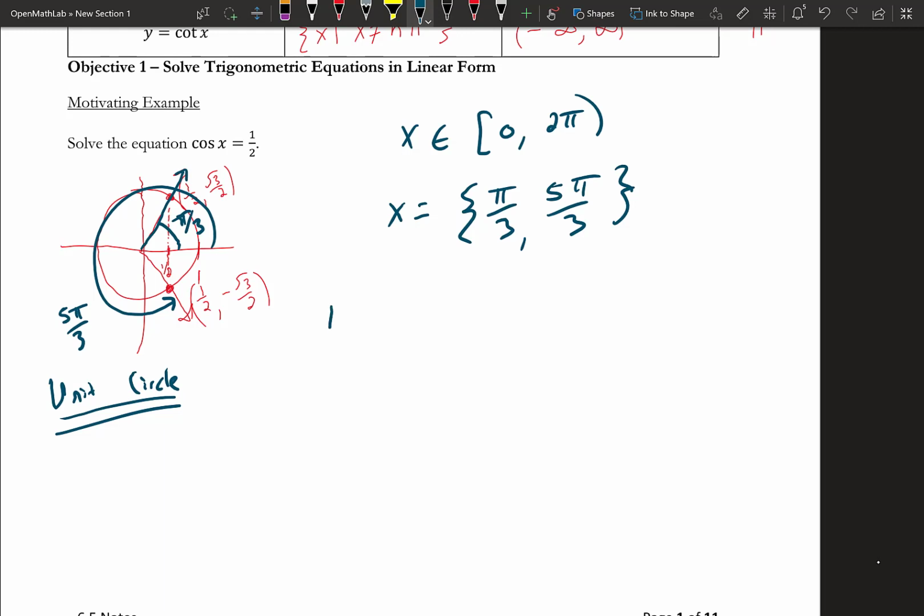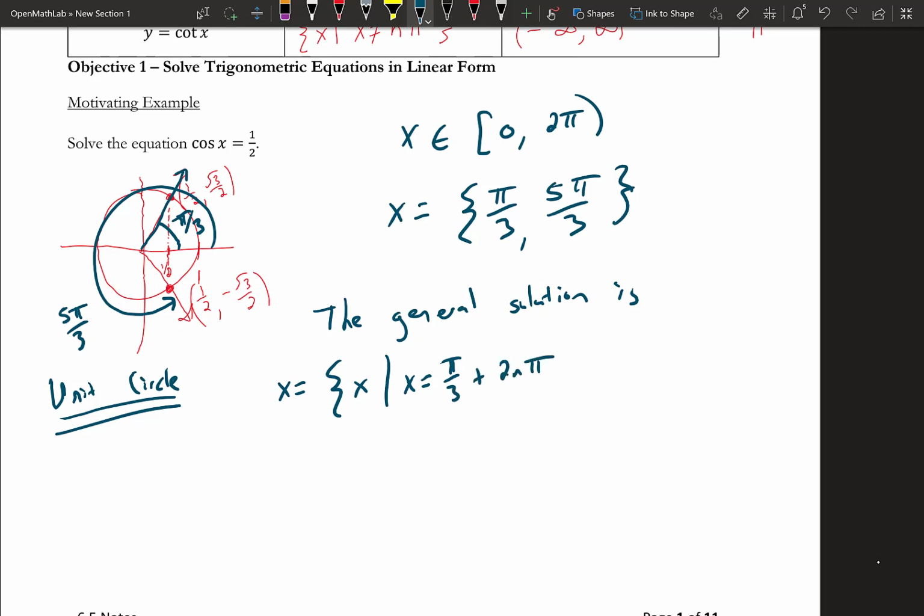So what we mean by the general solution is, and we need a set for this, x equals the set of any x such that x equals pi over 3 plus 2n pi, right?